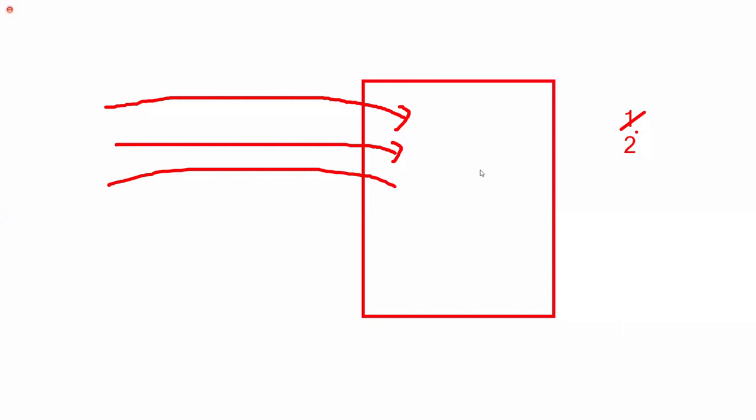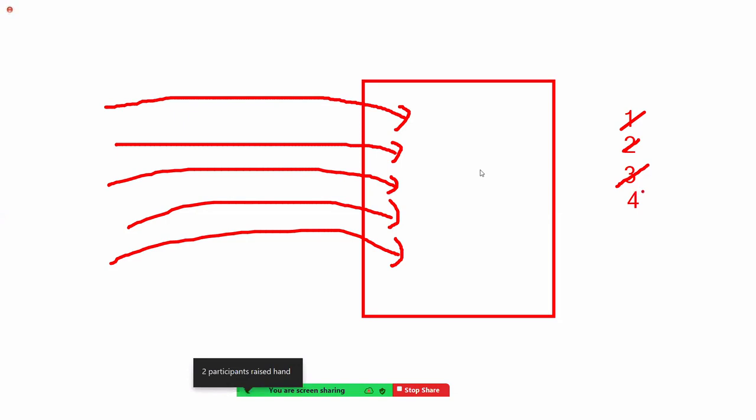One more user entered, 3. One more, 4. One more, 5. This user is removed, disconnected. Now it becomes 4. This user disconnected. Now 3. How many users are there at present? That count I want to display.